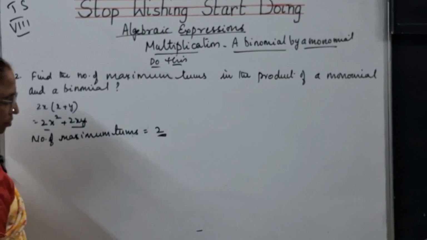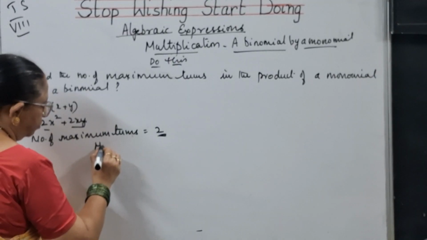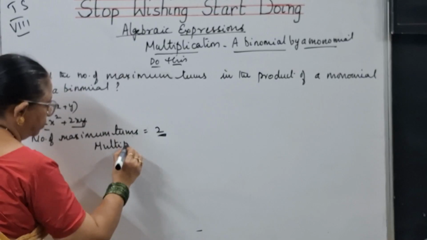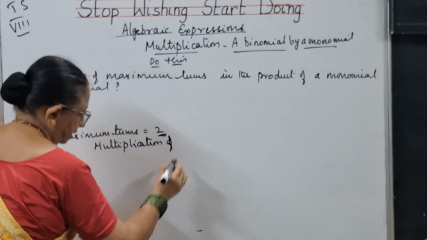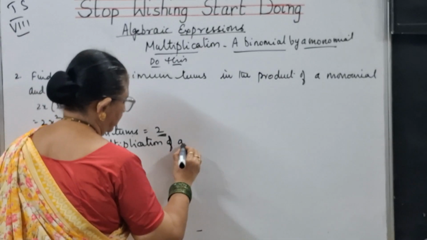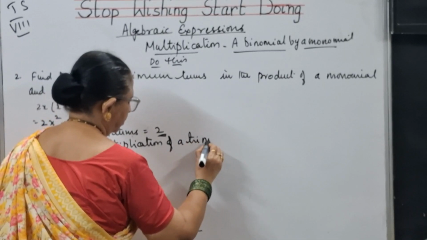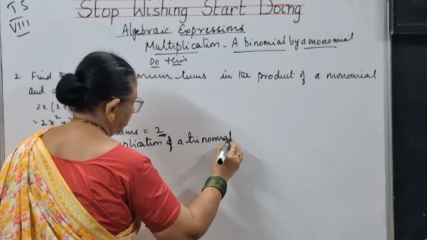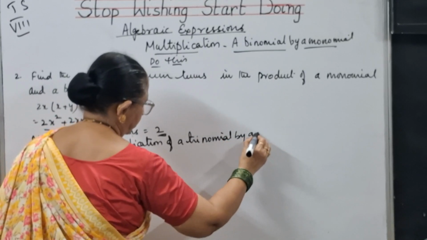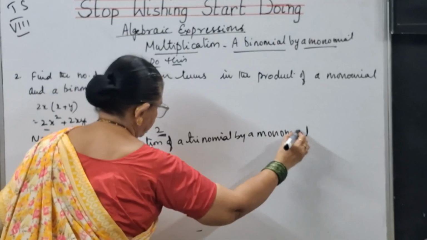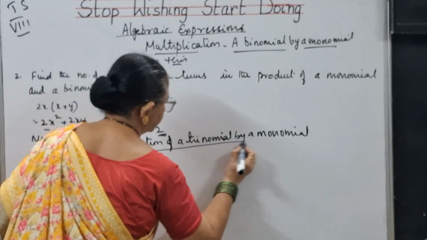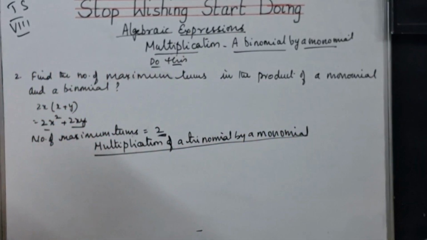Now you have one more example of multiplication of a trinomial by a monomial. In the earlier case, we have done a binomial with a monomial, and this is a trinomial with a monomial.